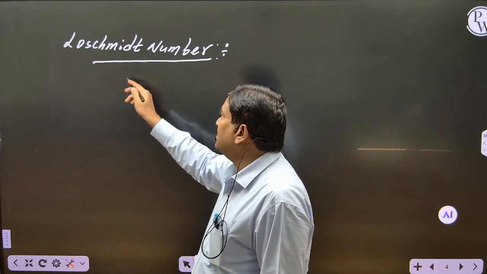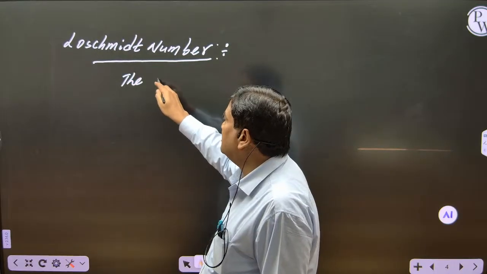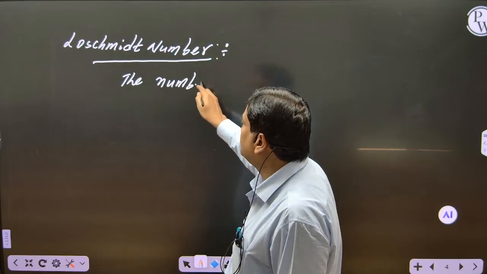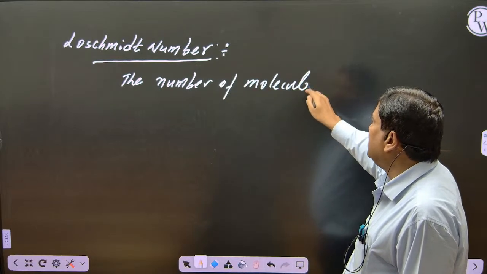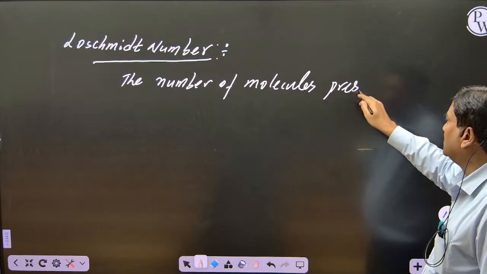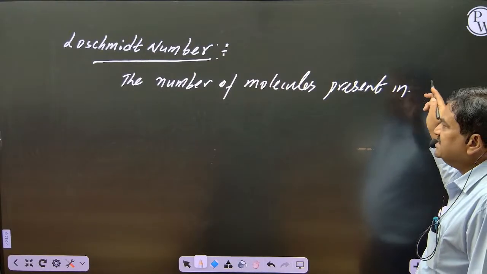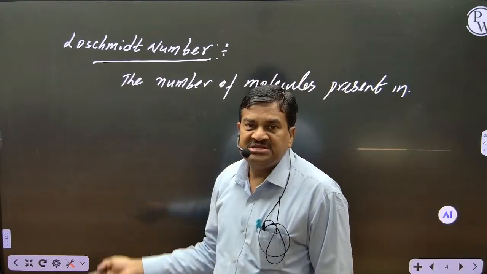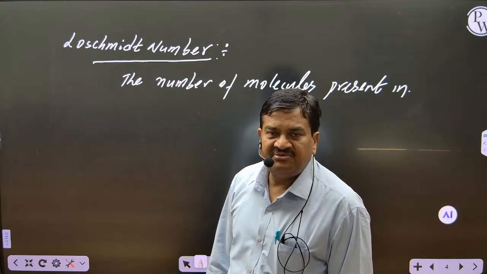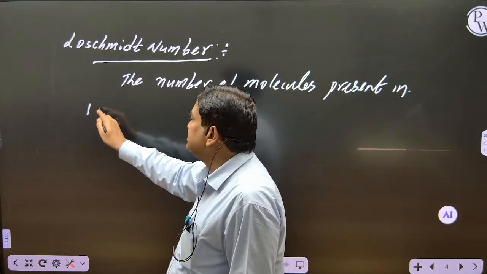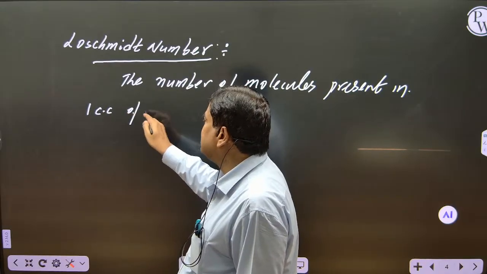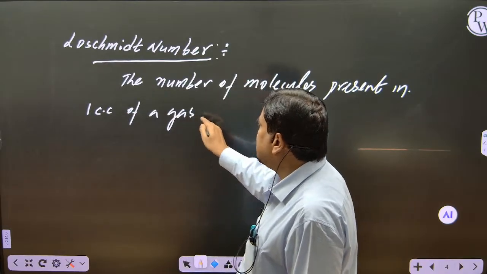So write the definition: the number of molecules present in 1 cc. What is 1 cc, students? 1 cubic centimeter. Cubic centimeter is nothing but milliliter. Number of molecules present in 1 cc of a gas at STP condition.